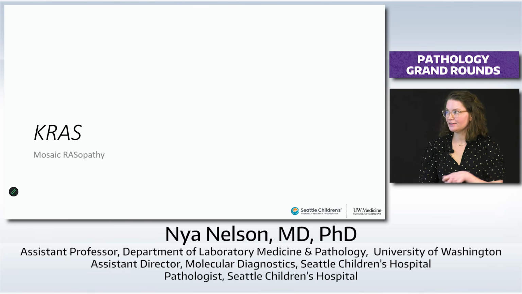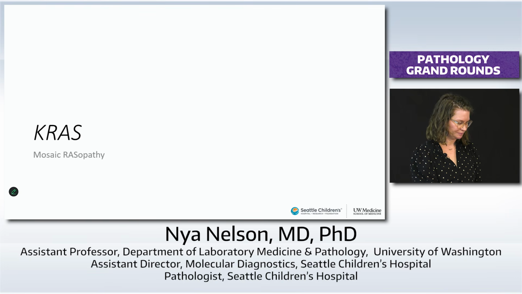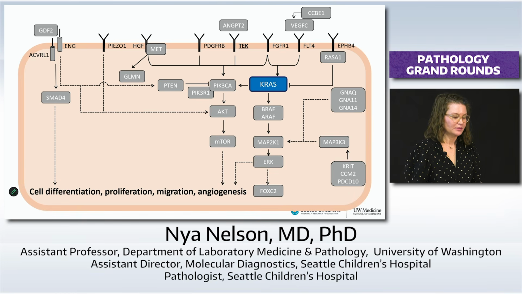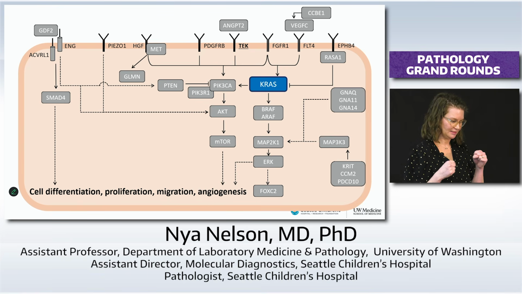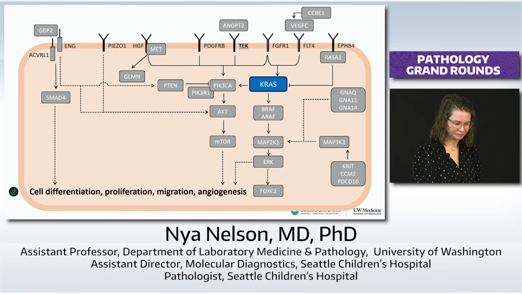All right, so now we're going to dive into KRAS and the many different phenotypes that it can cause. KRAS is really a central component of the RAS-RAF MAP kinase signaling pathway. It's a GTPase, and when it's activated, it results in activation of downstream signaling factors.